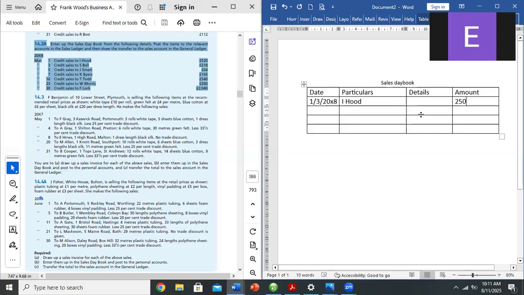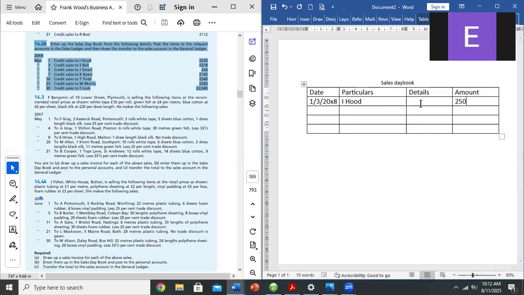Now, the issue about particulars and details being the same: yes, in your T account, you remember we told you, in place of particulars, you can put details. But here in the day books, we try to separate the two so that the particulars will take the name of the customers and the items you buy, maybe cement, iron rods, paint, whatever. But the details column takes the calculations or the workings.